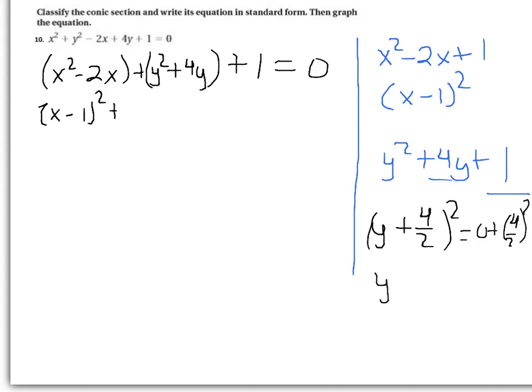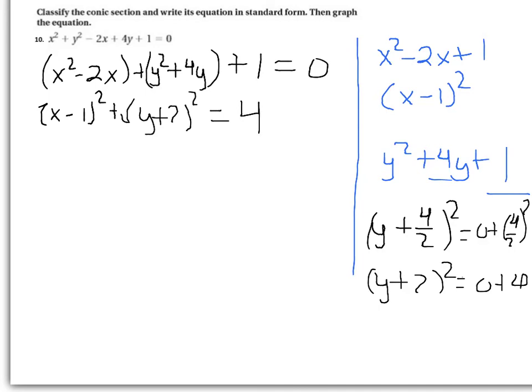So I have y plus 2 squared equals 0 plus 4. So watch how this moves over to here now. So I change this to y plus 2 squared equals, what's 0 plus 4? 4. So we have a circle. This is the equation in standard form.